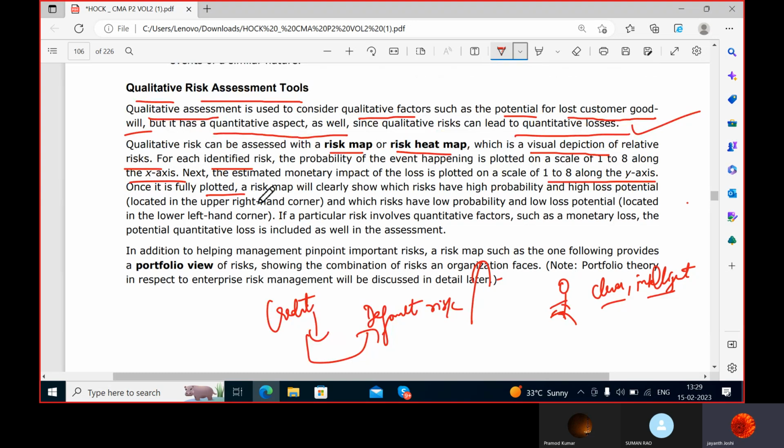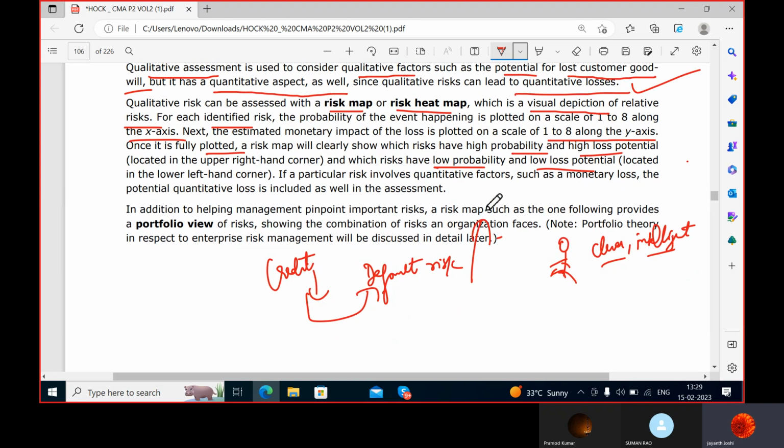Once it is fully plotted, a risk map will clearly show which risks have high probability and high loss, and which risks have low probability and low loss potential. That means we will see which risk has the highest probability and the highest loss potential, and the lowest probability and low loss potential. If a particular risk involves quantitative factors such as monetary loss, you can check how much loss you have incurred.